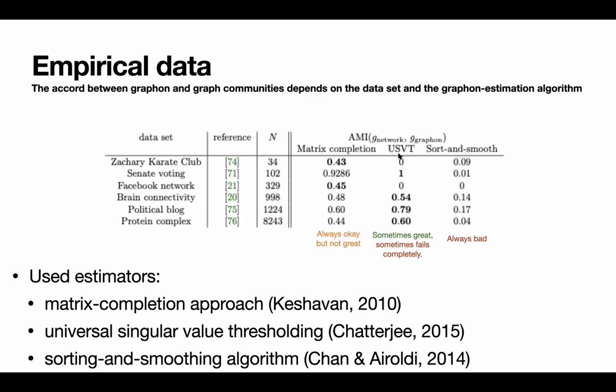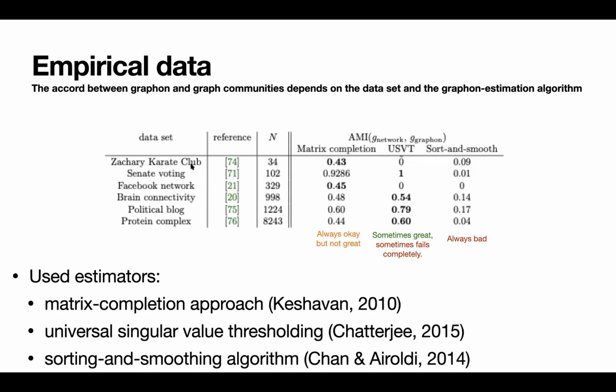And then there's also the universal singular value thresholding approach, where we find it sometimes does very well, actually best of all the methods we tested, but sometimes it fails completely. This happens because in some cases it says the best graphon we can estimate is just an Erdős-Rényi graph.